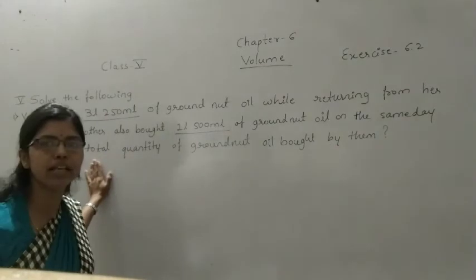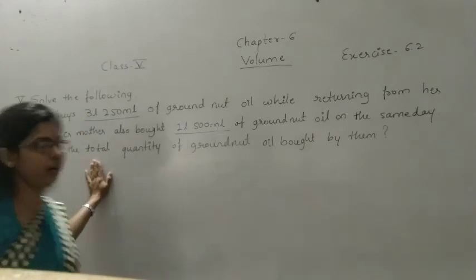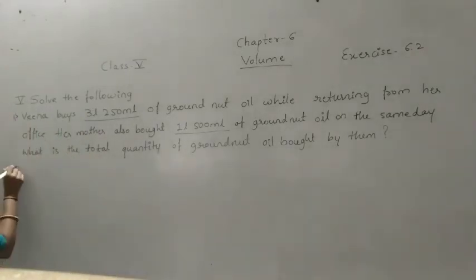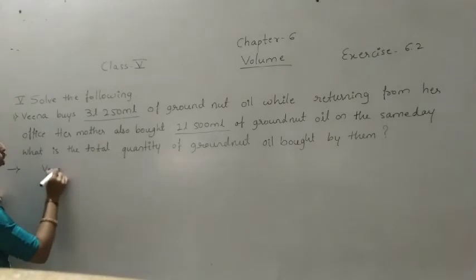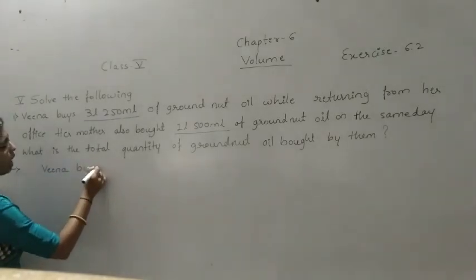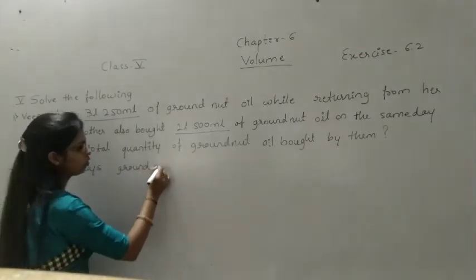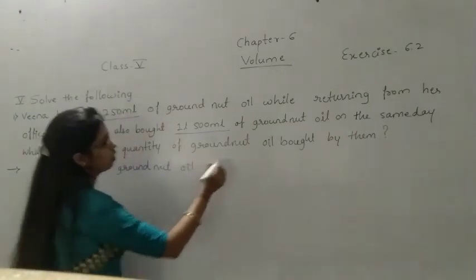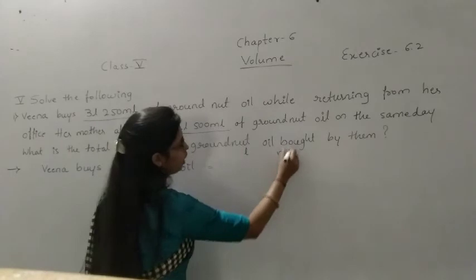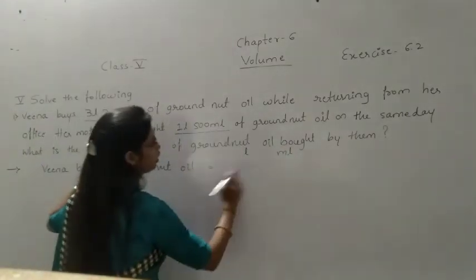We should add that. So the answer: Veena buys groundnut oil. We should divide that one also into liter and milliliter. That is 3 liter and 250 milliliter.